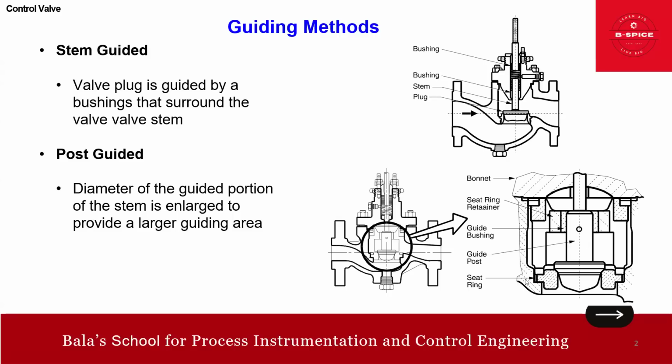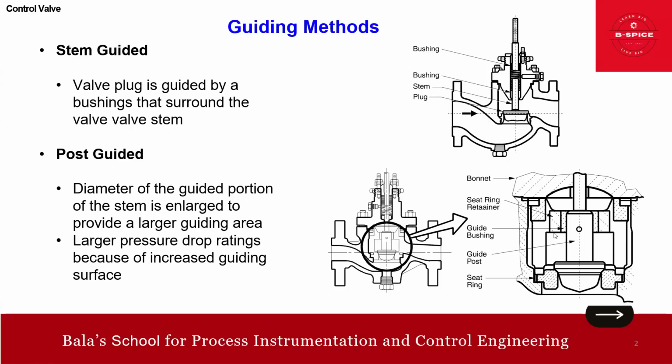This is your seat ring. This is the exploded view. Here the diameter of the guided portion of the stem is enlarged, as you can see here, to provide a larger guiding area. That is the difference actually.